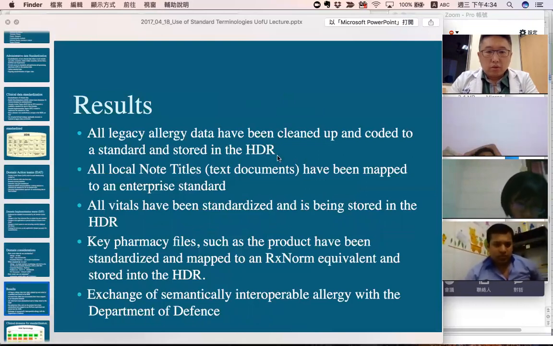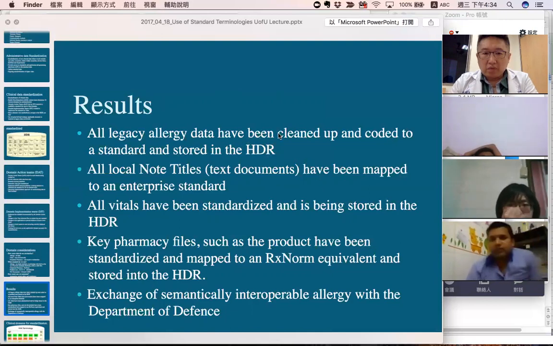Okay, so after you create that kind of system, for the legacy system, here their strategy is to clean all the legacy data and store the standardized code in the new system. But there is no need to clean all the old information; in this case, they try to do both ways.